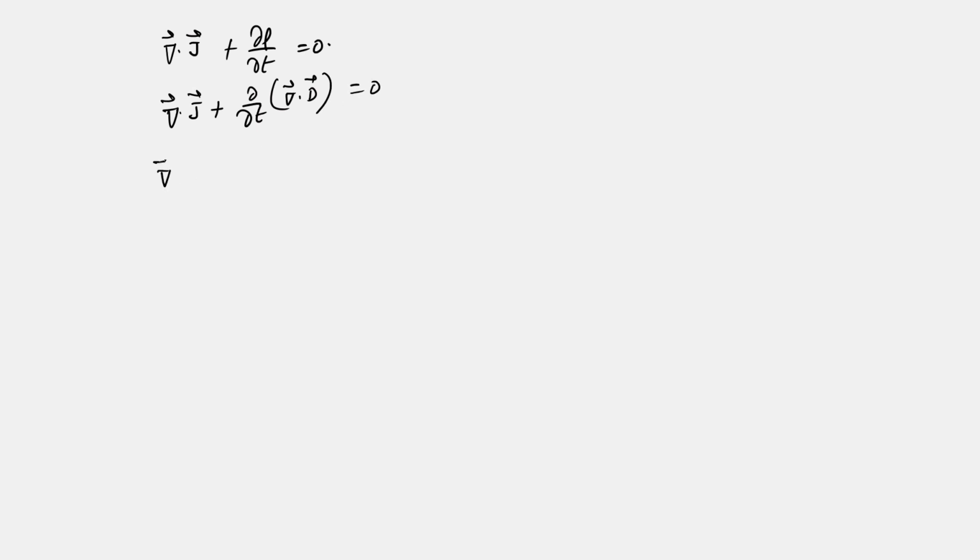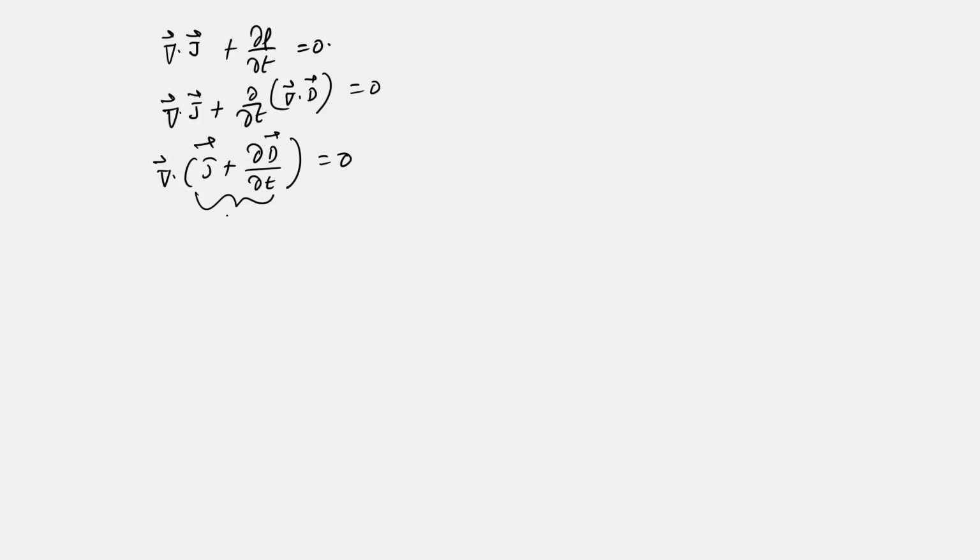So, divergence of J plus ∂D/∂t, once again swapping the order of space and time derivatives, is equal to 0. So now it is really the divergence of J plus ∂D/∂t that has to be 0.